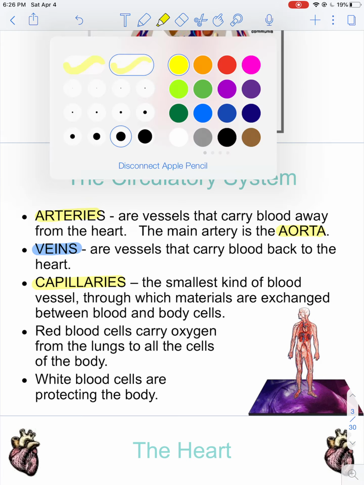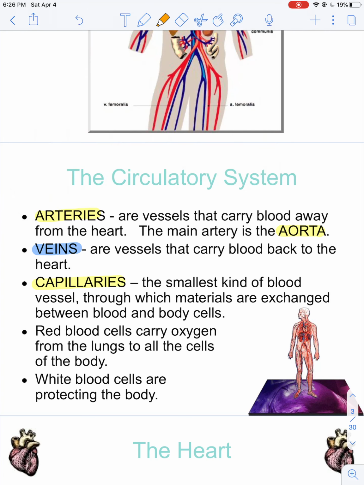And inside each blood vessel, à l'intérieur de chaque vaisseau sanguin, we have red blood cells, donc le sang. It carries oxygen from the lungs. The lungs are ce sont les poumons.